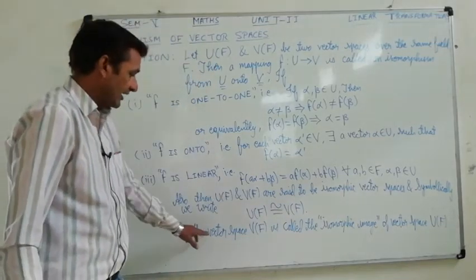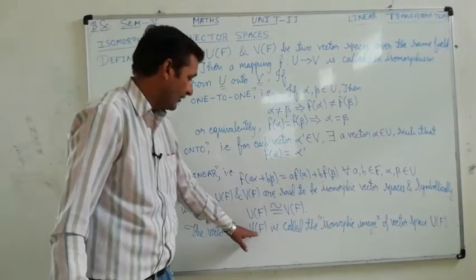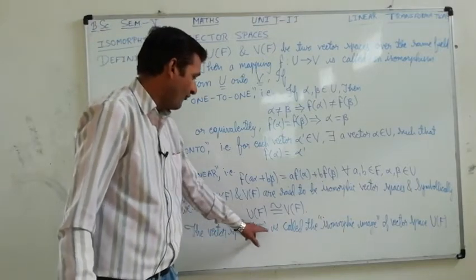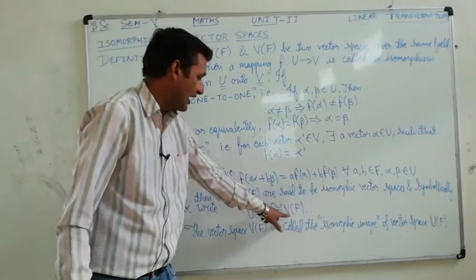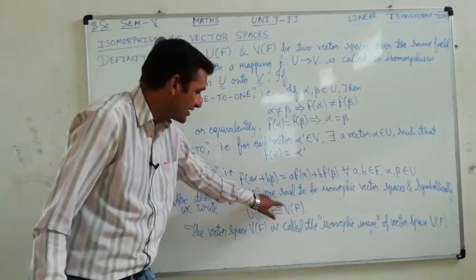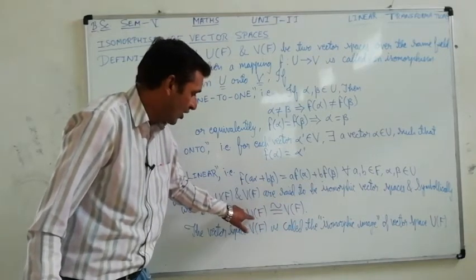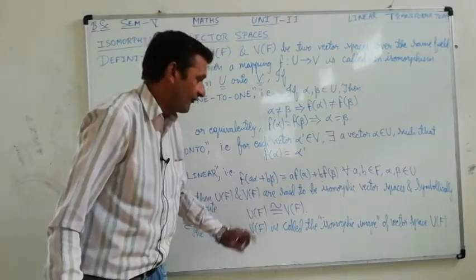Means the vector space V(F) is called the isomorphic image of vector space U(F).